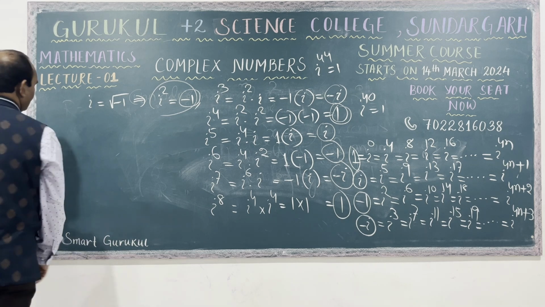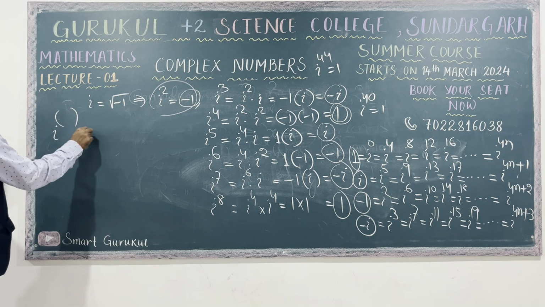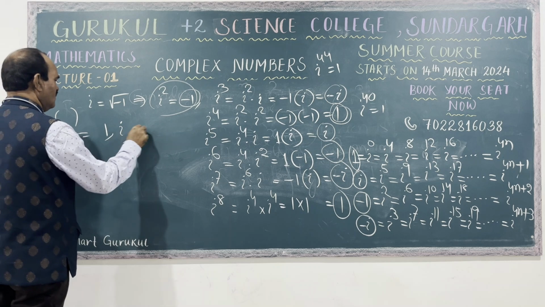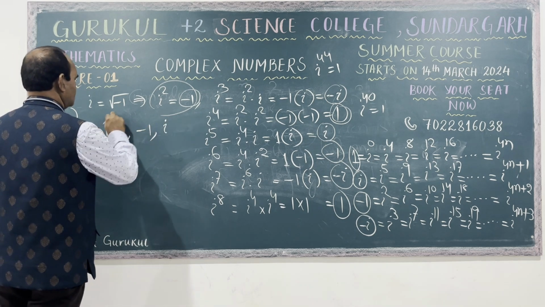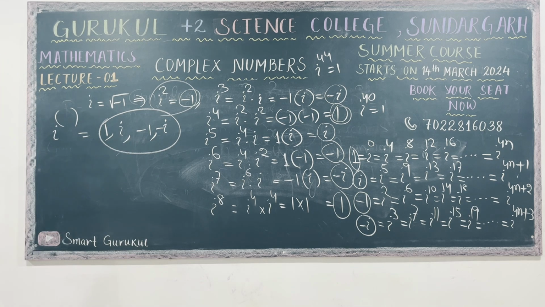So we are getting 4 answers for any type of powers of i. I power anything has either 1 or i or -1 or -i. These are the 4 types of answers.